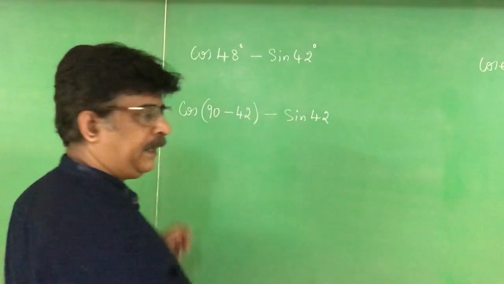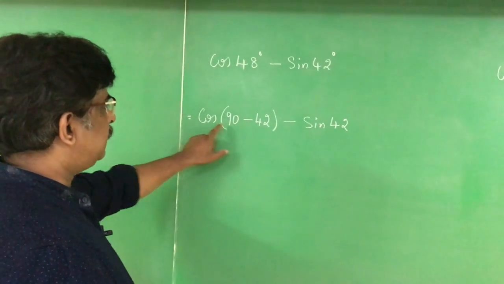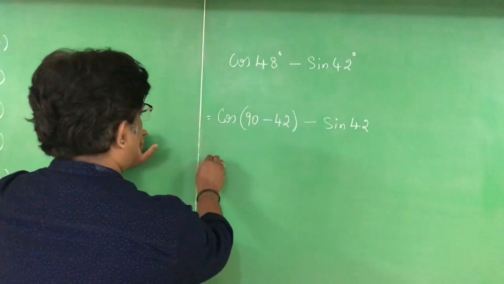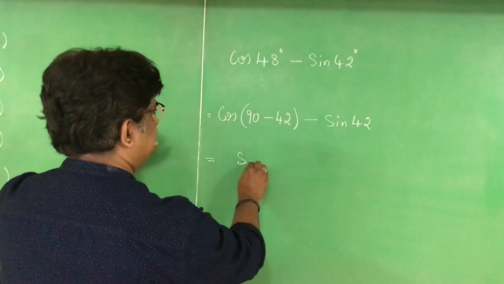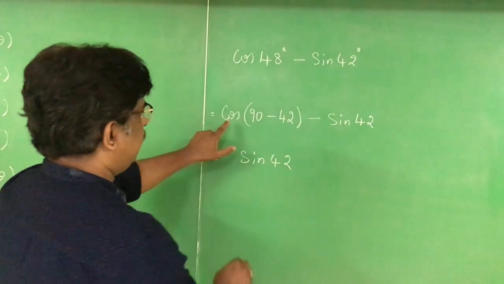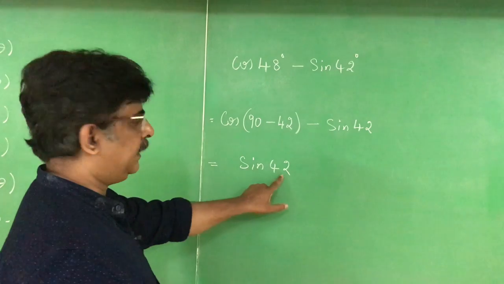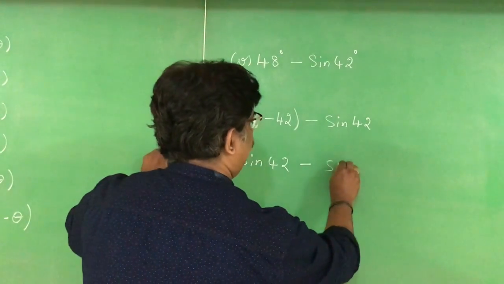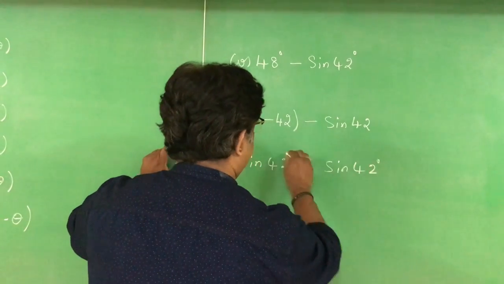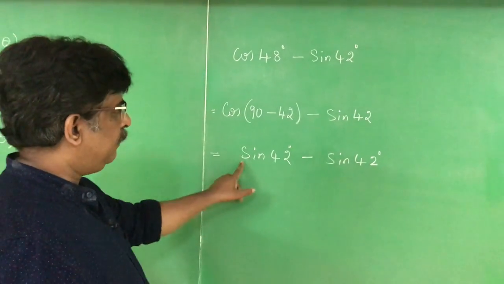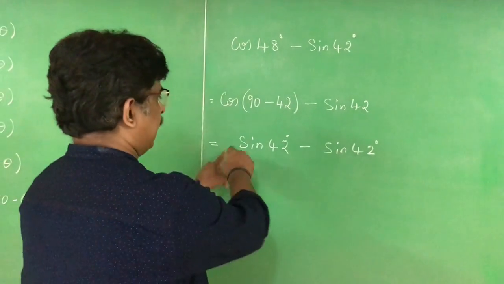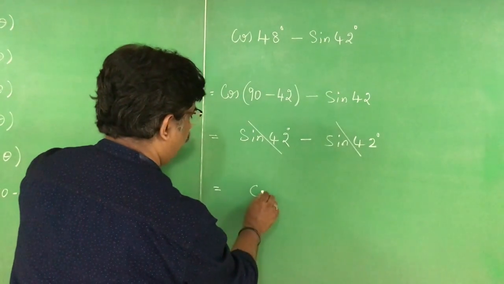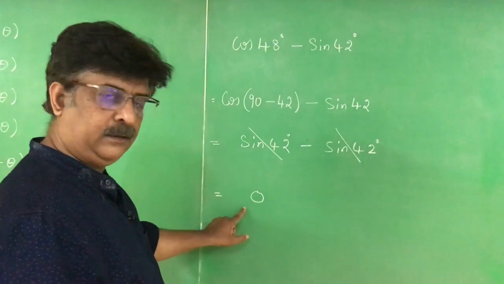Cos of 90 minus theta is sin theta, and theta here is 42, so this is sin 42 minus sin 42. Equal minus equal is 0. The value of this is 0.